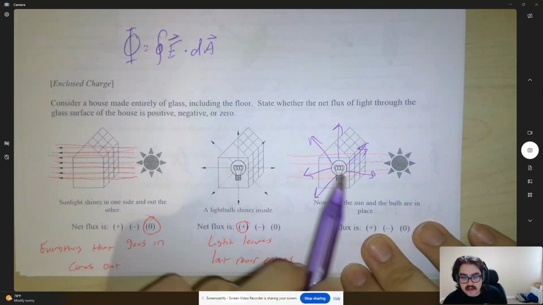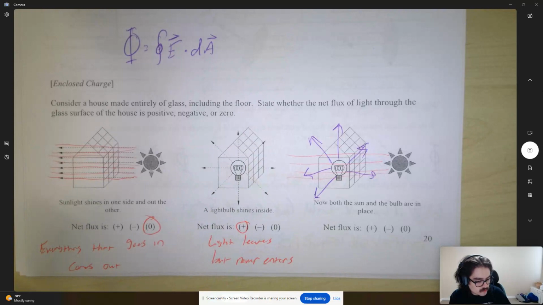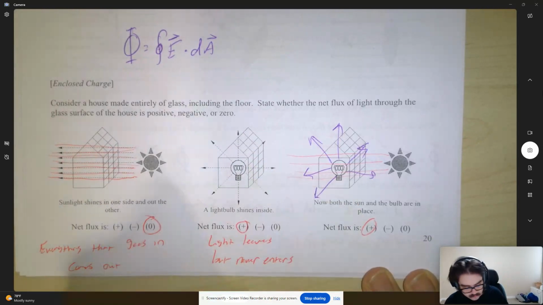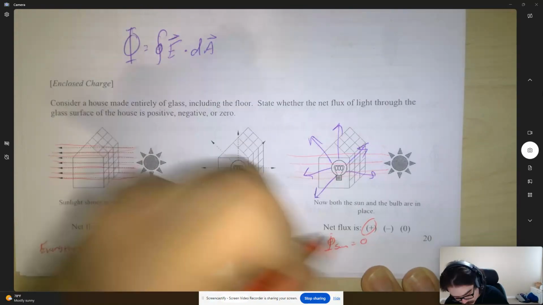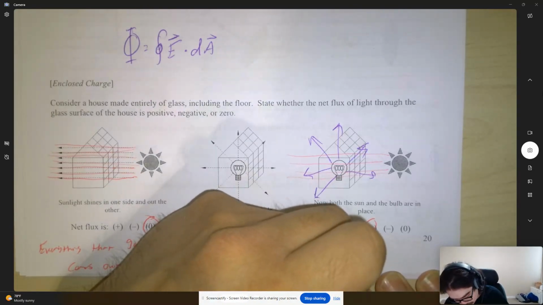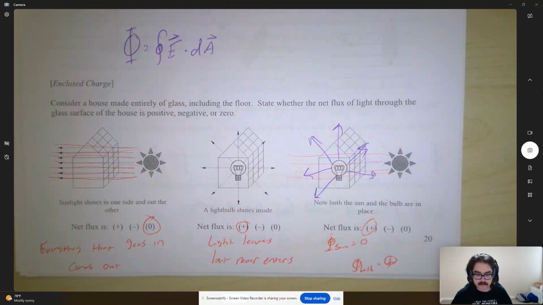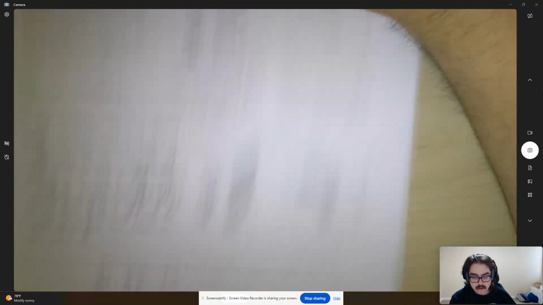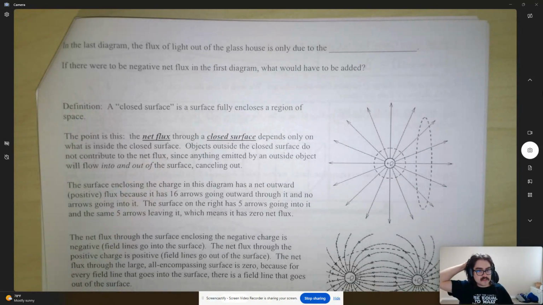And so you have the zero flux from the sun and then the positive flux from the light bulb. So this is still going to be positive, because the flux from the sun is equal to zero, but the flux from the bulb is positive. In the last diagram, the flux of light out of the house is only due to the light bulb.